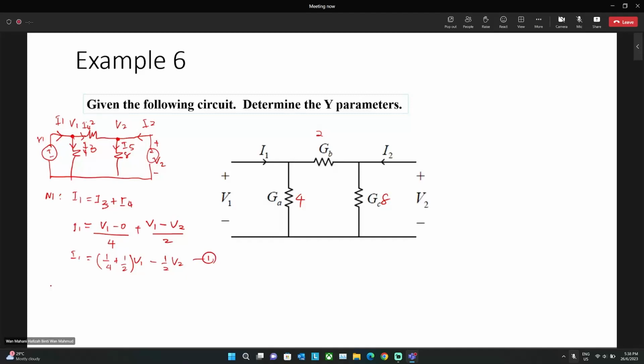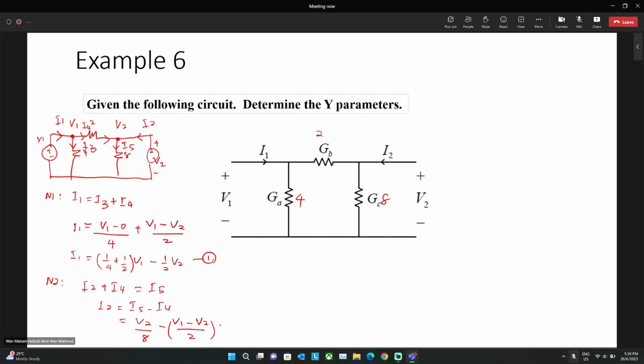Ini sebutan pertama. Okay, macam mana dekat node kedua pula? Node kedua, currents in ada 2. I2 plus I4. Current masuk kan? Currents in ada 2. Currents out ada 1. I5. So I2 sama dengan I5 minus I4. I5 apa dia? Sebutan I5. V2, V2 minus 0 over 8. I4 pula V1 minus V2 over 2.